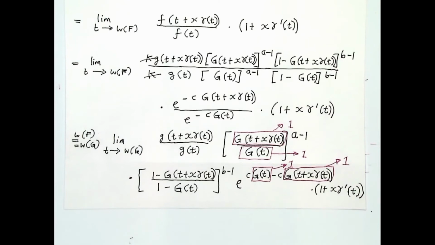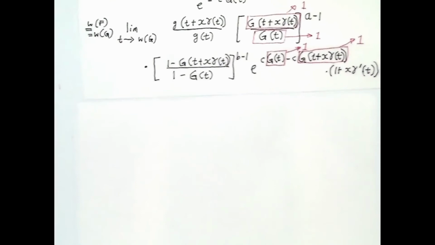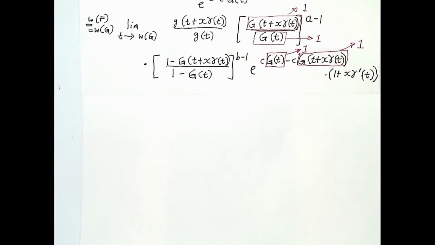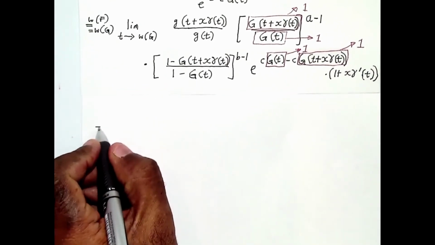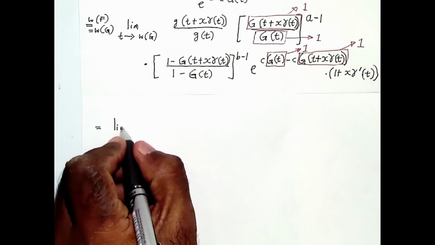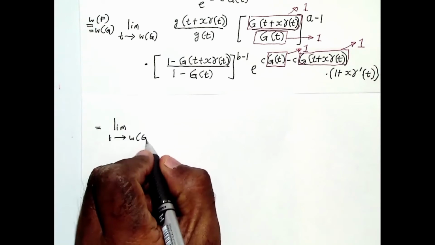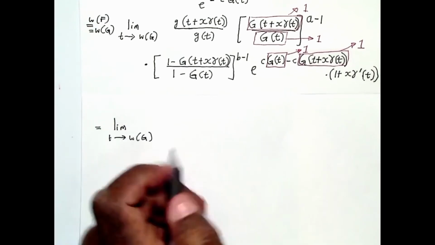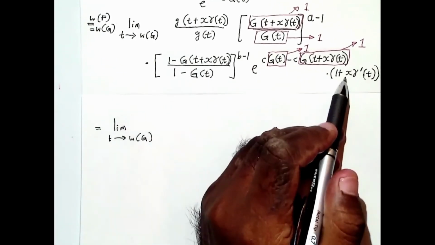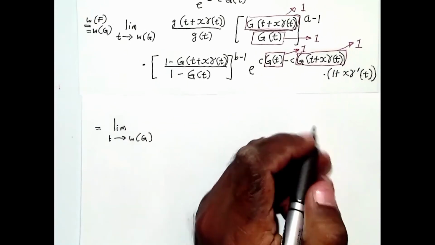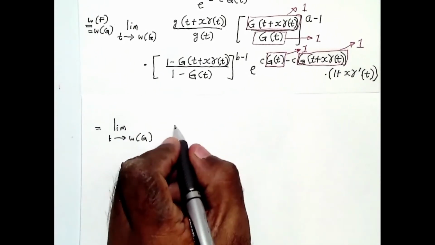So after simplification, we get the limit as t approaches w of G. Right? Now I'm going to put this and this together just for a reason that will become clear in a minute. Right?